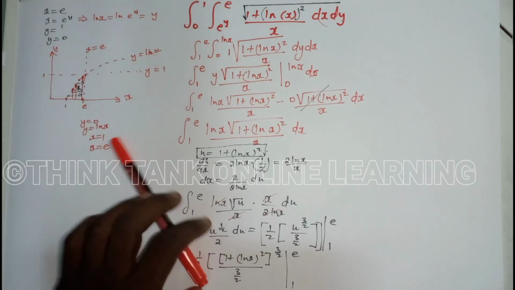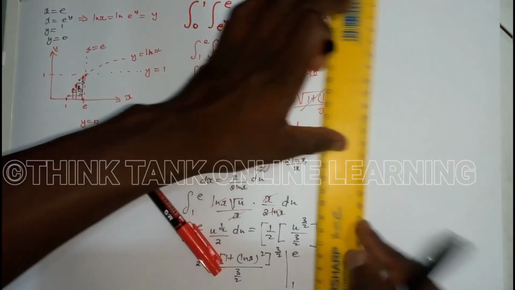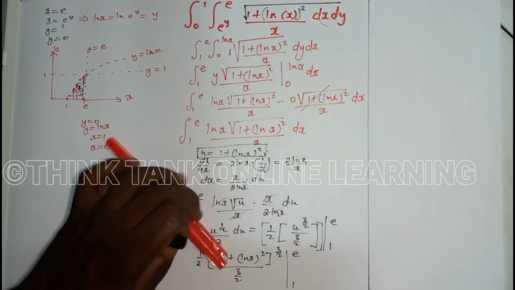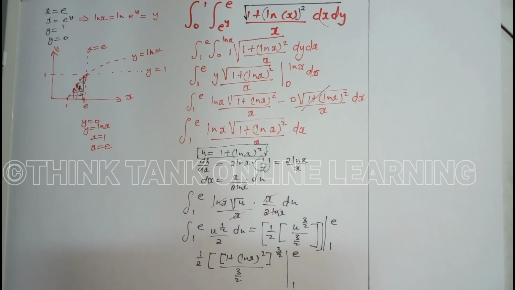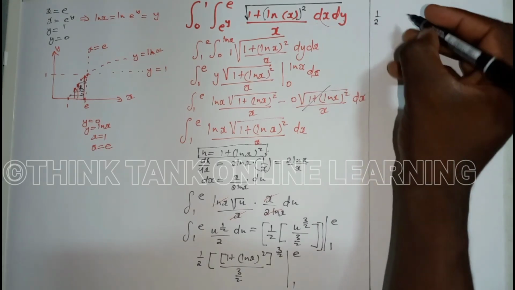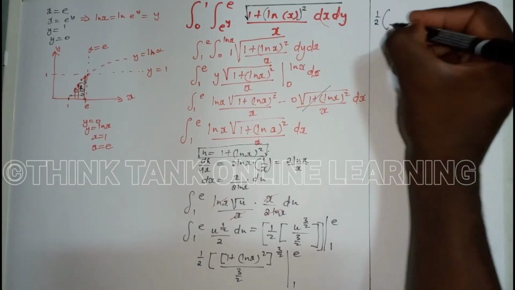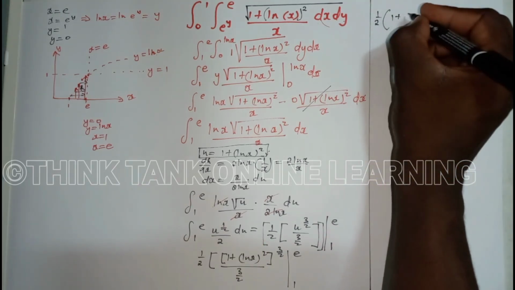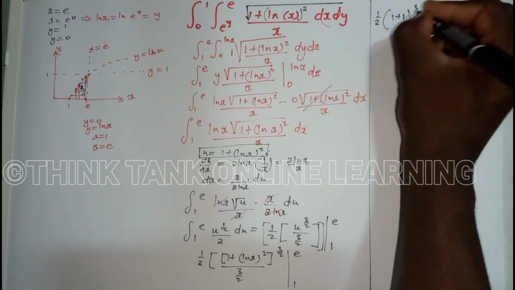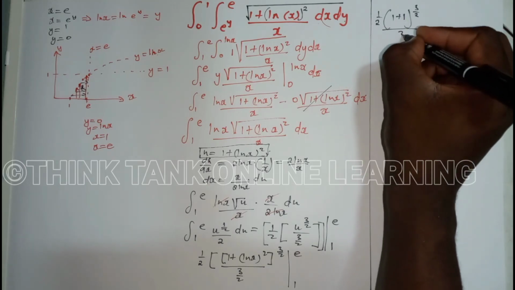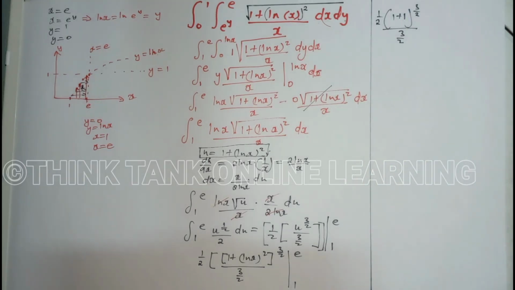As for e, we know that ln e is 1. So I'm going to say 1/2 multiplied by 1 plus 1 here, squared, to the power 3 over 2, divided by 3 over 2.